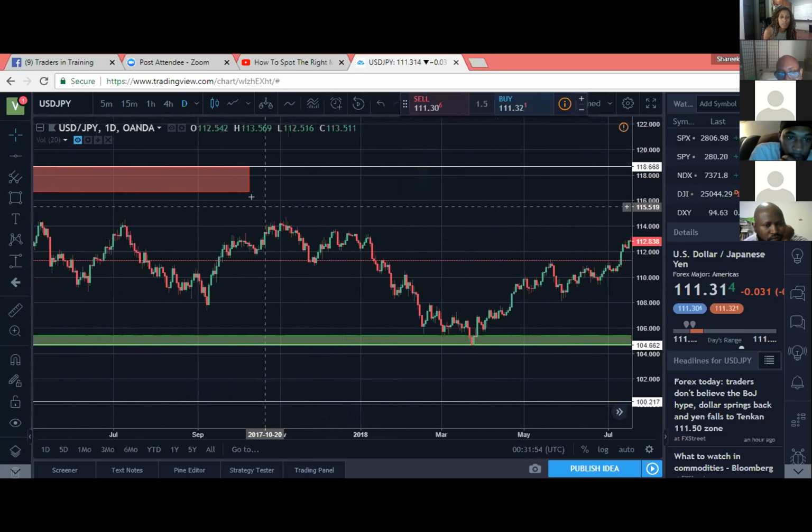Two touches is usually what I look for. So I'm gonna go between here. I would put one, hold on, I'll put one right there.